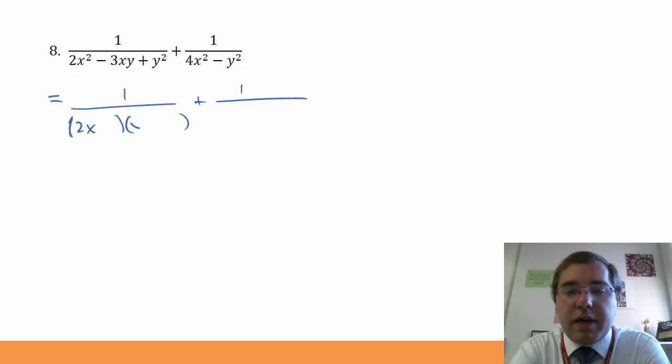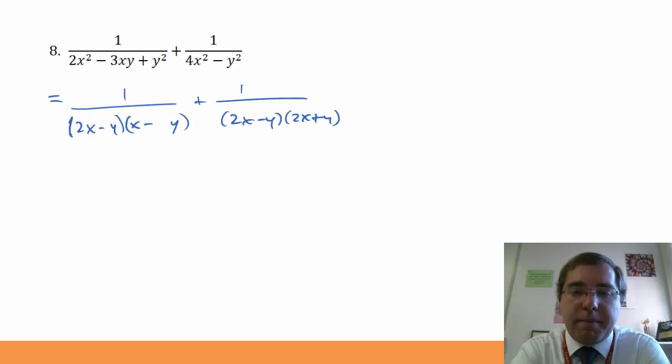That factors as 2x and x, y and a y, and we'll need 2x minus y times x minus y. And then 4x squared minus y squared is the difference of squares. So the denominator of the second fraction would become 2x minus y times 2x plus y.